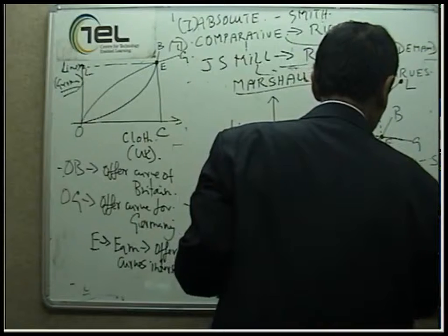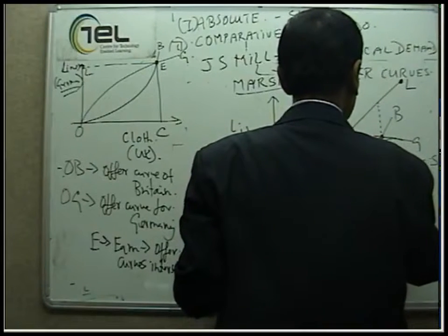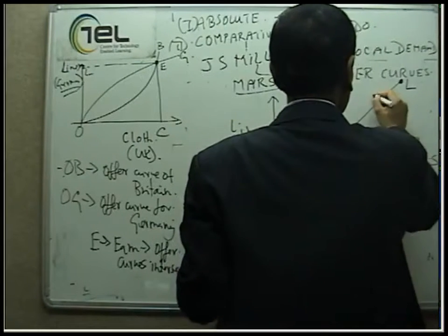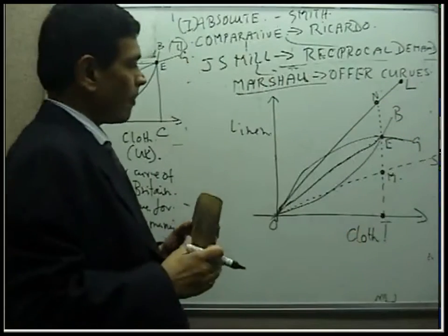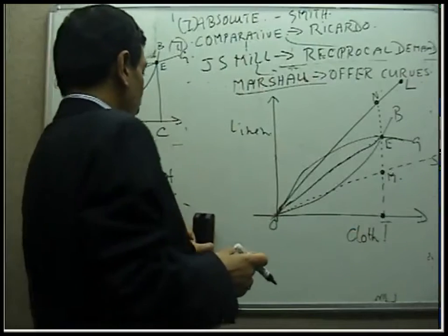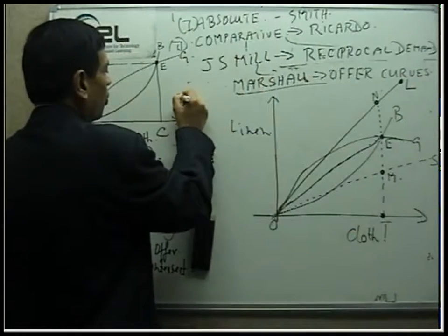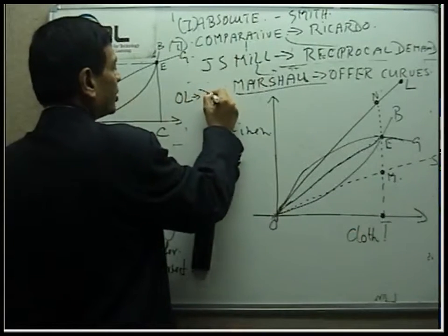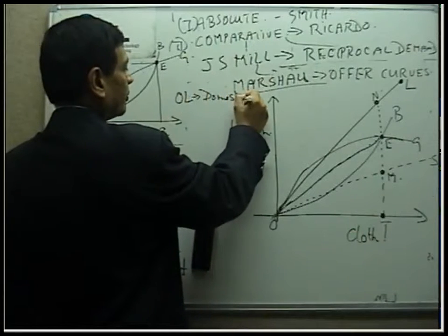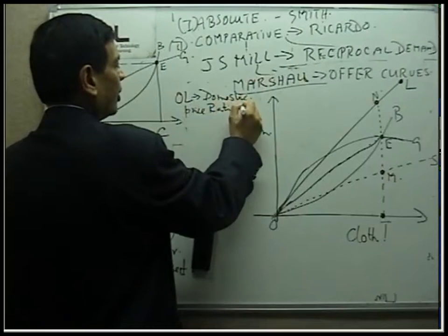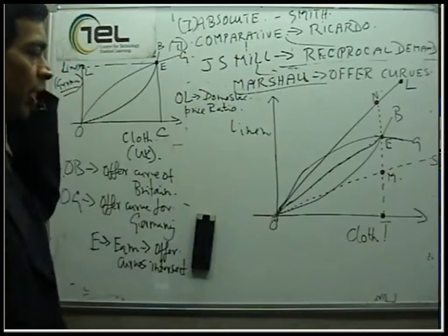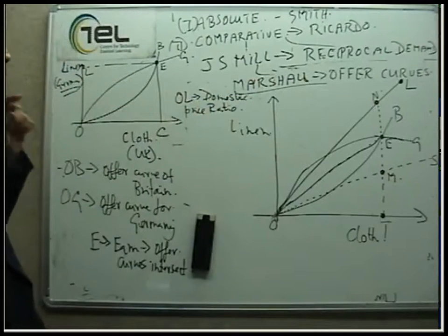Let's put the dots here, OSTMEN. Let's only look at the dots now. What is OL? OL is the domestic cost ratio for Germany, or the domestic price ratio, the ratio of prices of goods, linen versus cloth, as far as OL is concerned.